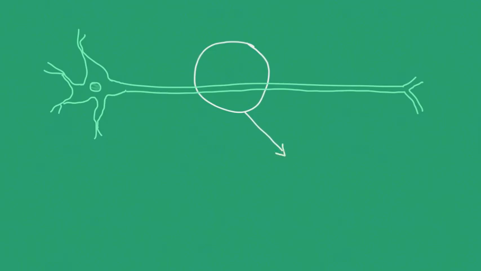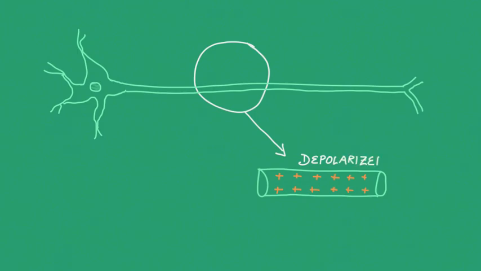So our axon is now fully depolarized. Here is a section of the axon showing that it has plus signs on the inside and it is fully depolarized. The membrane voltage is now plus 20 millivolts. At this point, voltage-gated potassium channels open because they are sensitive to the change in voltage. Once the potassium channels open, remember that there is more potassium on the inside, so potassium rushes out.